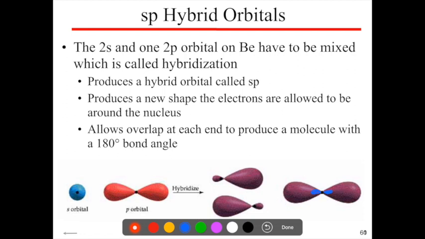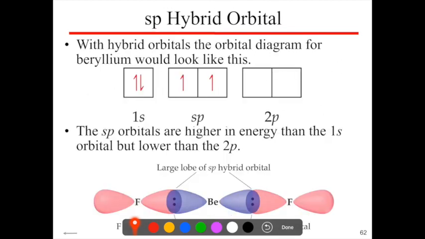And the best arrangement that these can have is that around the central atom, I have one big dumbbell where electrons can share and one big dumbbell where electrons can share. Now remember, I mixed it so that I can put one electron in one space and one electron in the other space, such that I can now have an overlap with an electron coming in here and an electron coming in right over here. So I have a bonding.